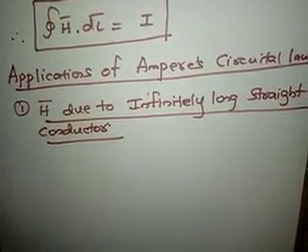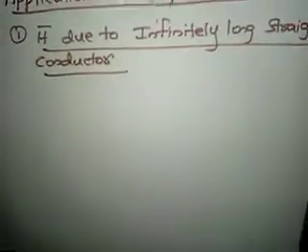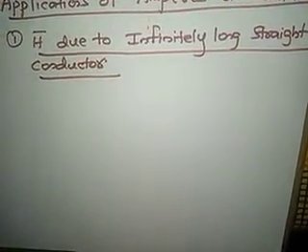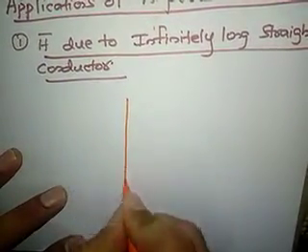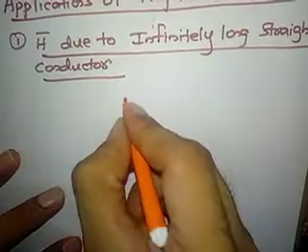So the first application of Ampere's circuital law is that it can be applied to an infinitely long straight conductor to find the magnetic field intensity. Consider again the infinitely long straight conductor along the z axis.